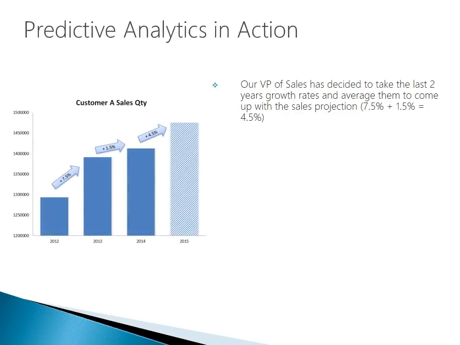This is exactly what our VP of Sales had decided to do. They took the growth rates of the last couple of years and they did a simple average. So they said, hey, I grew 7.5% from 2012 to 2013. I grew 1.5% from 2013 to 2014. So I'm going to go ahead and average them and say 4.5%. That looks like a pretty reasonable figure on the surface.